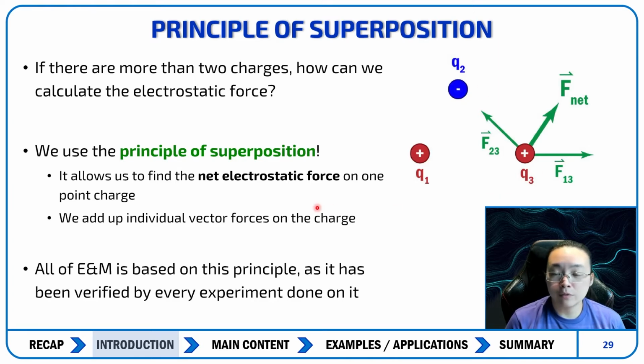Now, the principle of superposition says that when we're talking about electrostatic forces, if we want to find the force on one of these objects, it's not just going to come from one charge, it's going to come from a combination of charges. So the total force or the net force felt by, let's say, Q3 will come from the electrostatic force between Q2 and Q3, as well as the electrostatic force from Q1 and Q3.